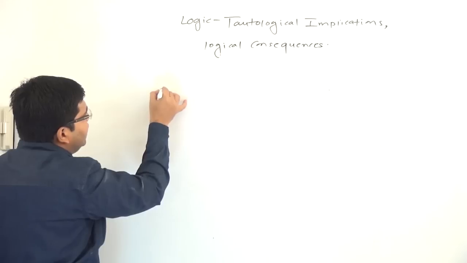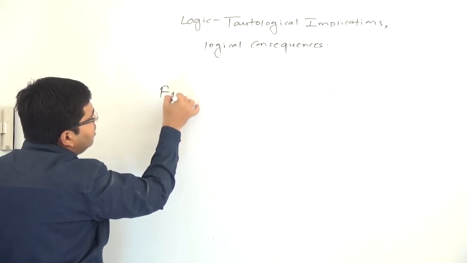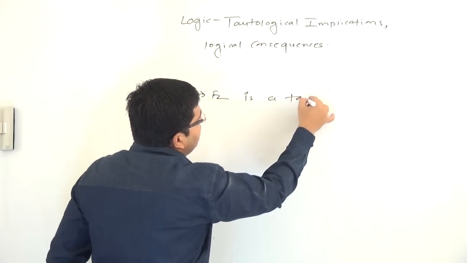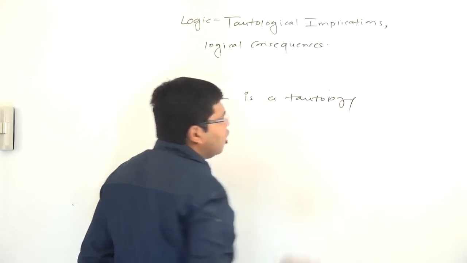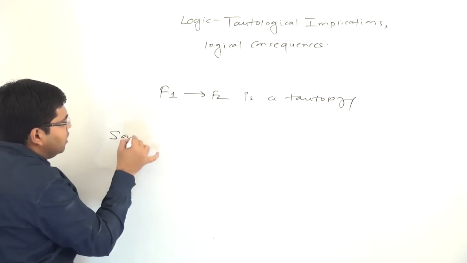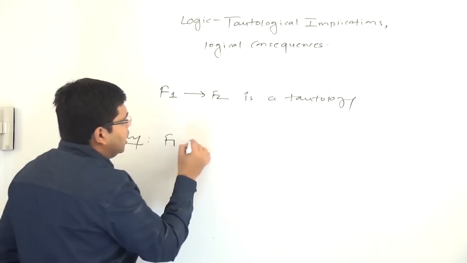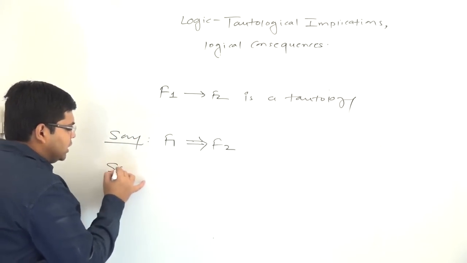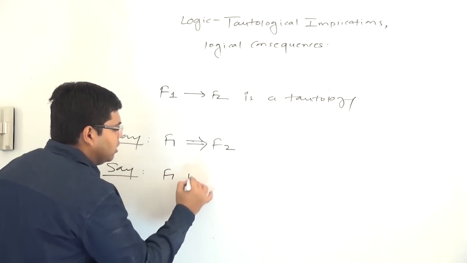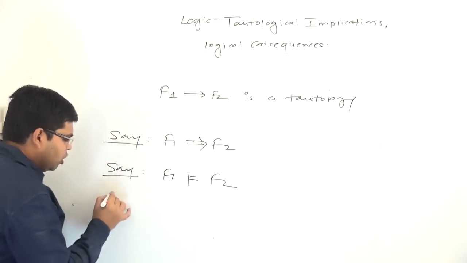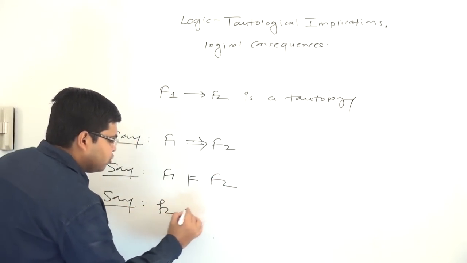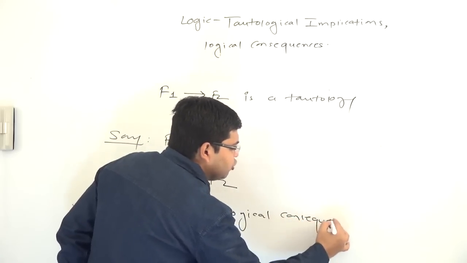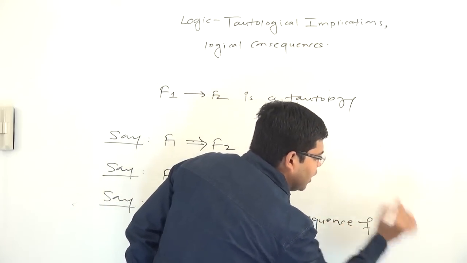Whenever we want to say F1 implies F2 is a tautology, what you are going to say is that F1 tautologically implies F2, or you can say that F1 concludes F2, or you can say that F2 is a logical consequence of F1.